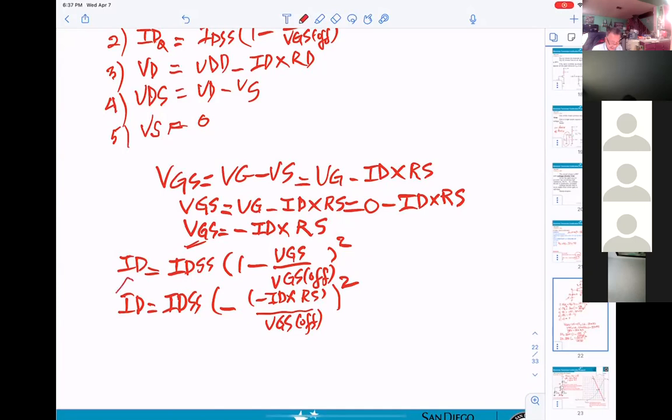You get the ID on one side and the ID on the other side here, so they don't want to do this calculation.